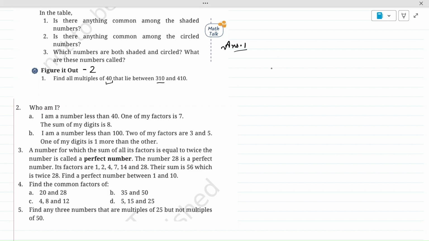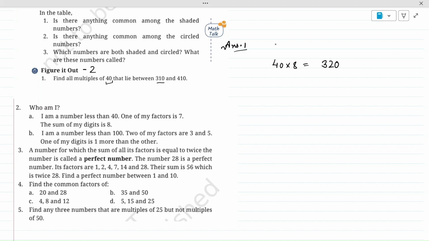We have 4 multiplied by 7 is 280 and 4 multiplied by 8 is 320. 40 multiplied by 8 will give you 320, right? So this 320 is the first number which is greater than 310.